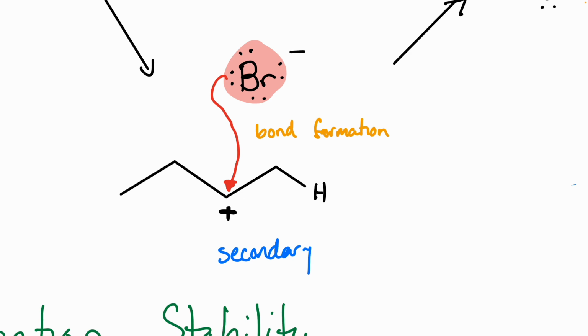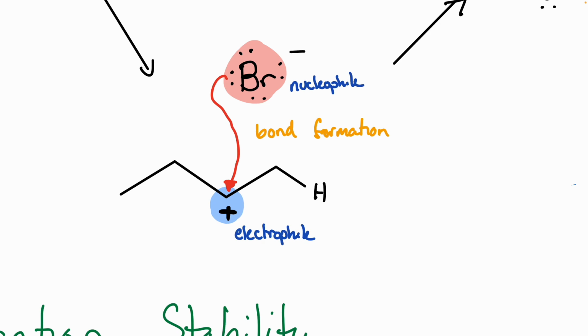It's got a positive charge associated with it. So what would be my electrophile in this second step? Carbocation. So my bromide ion is playing the role of the nucleophile in that second step. Nucleophiles attack electrophiles. We use that verbiage over and over again.